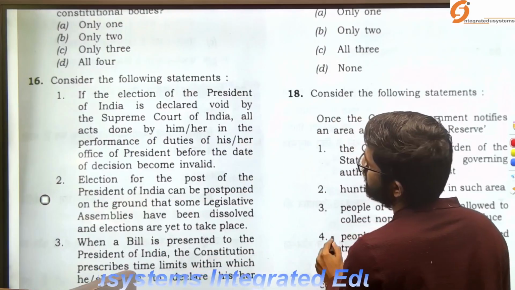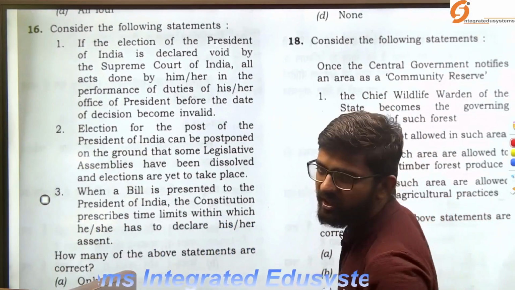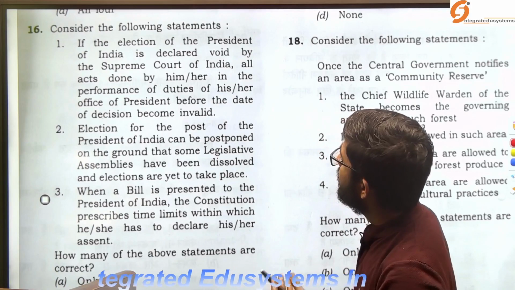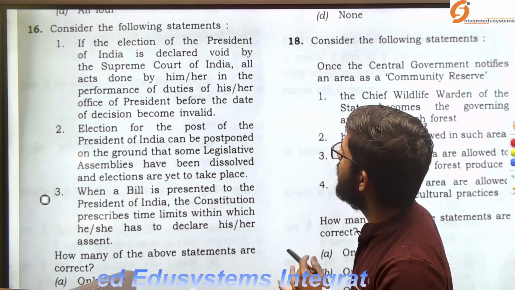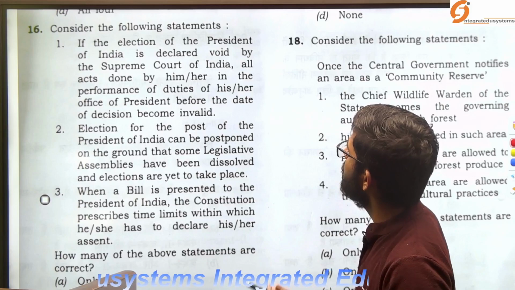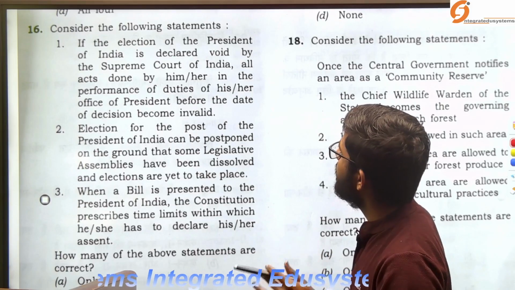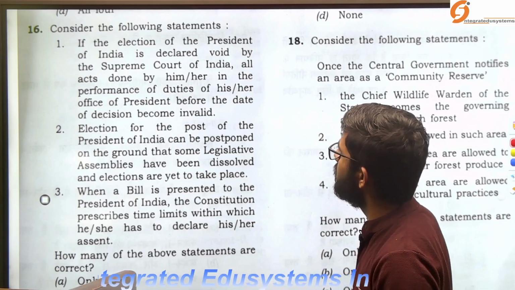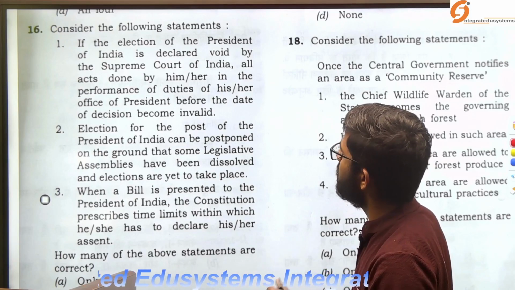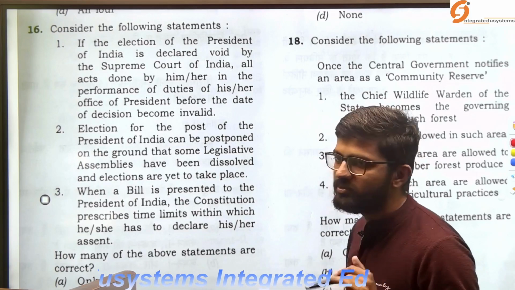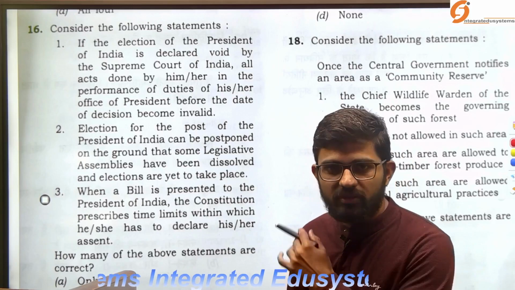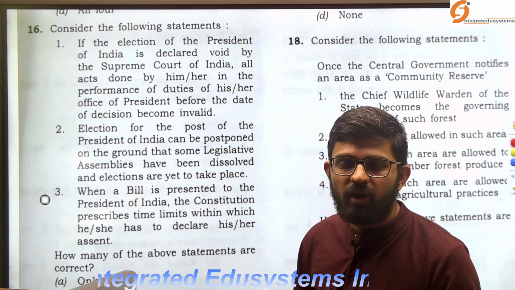Next question is, consider the following statements. Factual question. If the election of the President of India is declared void by the Supreme Court of India, all acts done by him in the performance of the duties of his office of President before the date of the decision become invalid. This is a wrong statement. Why?